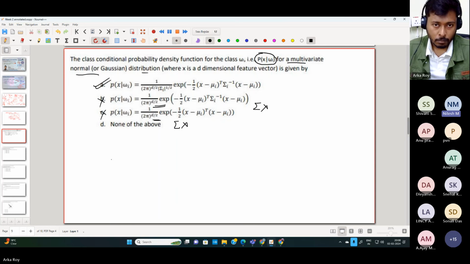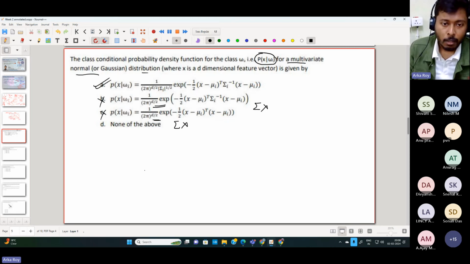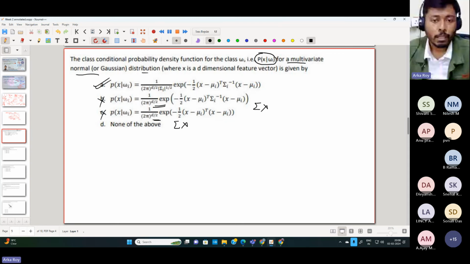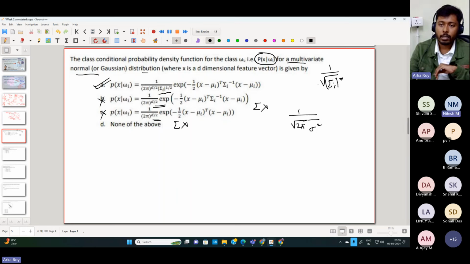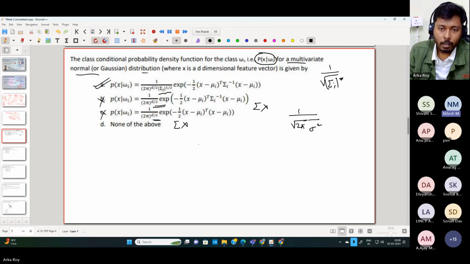When we go to multivariate, how does this become sigma only? In the univariate case we have 2 pi sigma square inside the square root, which is the variance. So your question is why we have only root over 2 pi sigma in the multivariate case, how sigma square became sigma only.